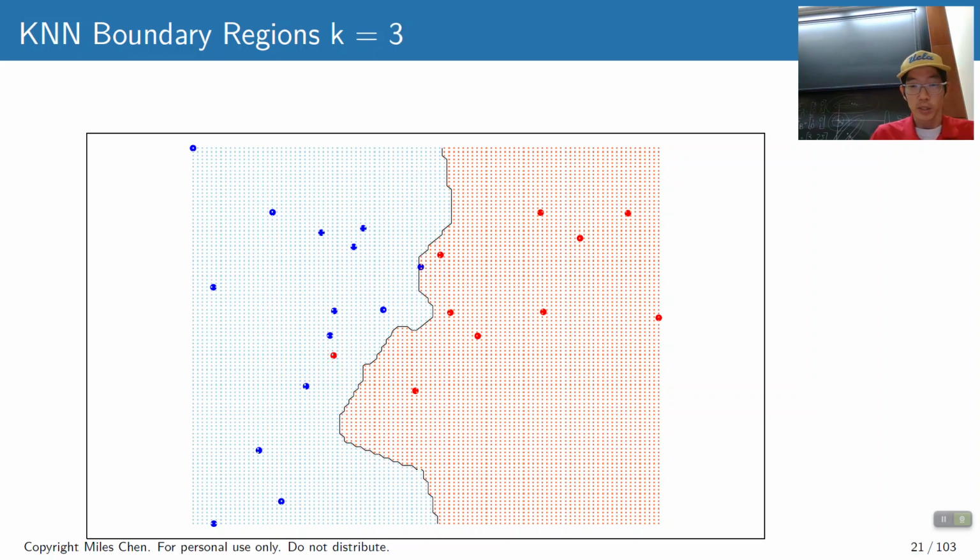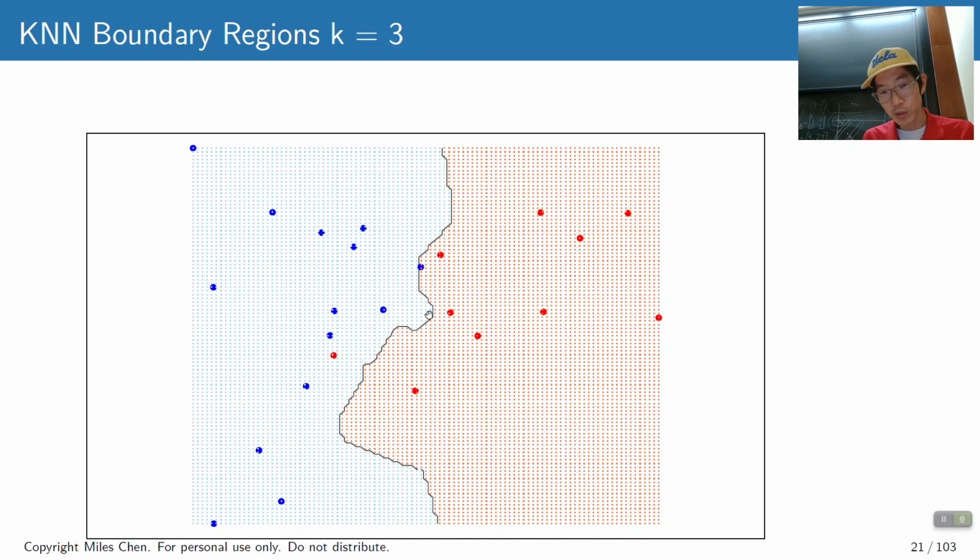Same thing. What about k equals 3? Again, we have this huge grid of points. I asked the computer to test this out for every single one of these points, choose the 3 nearest neighbors, and see how each would classify. For dots right here, the three nearest neighbors are these three, and all of these points get classified as blue.